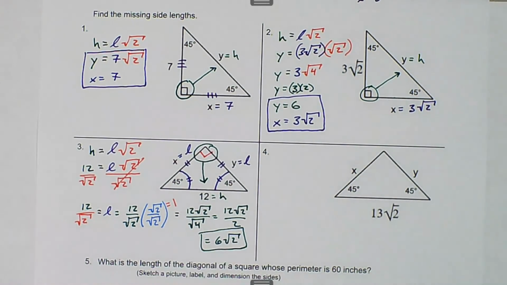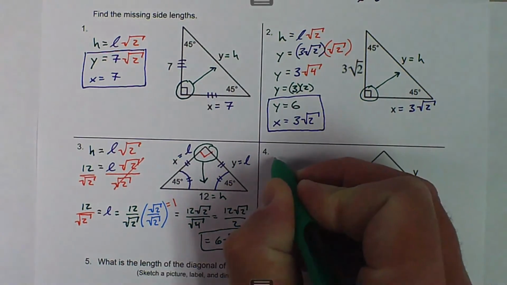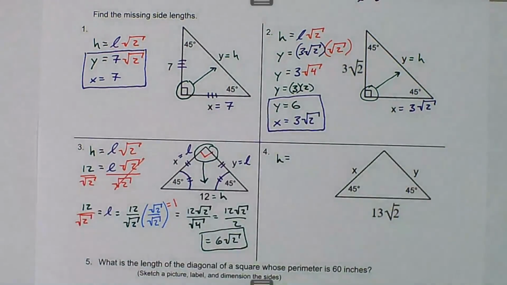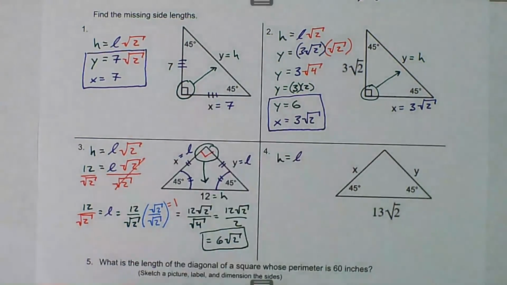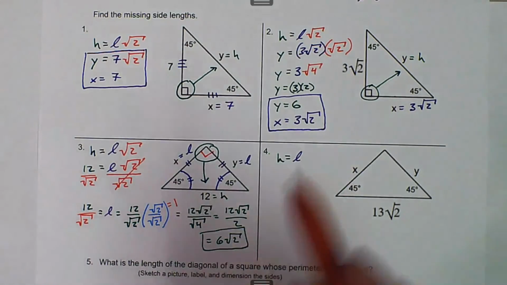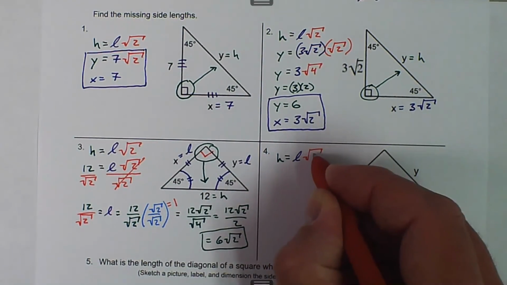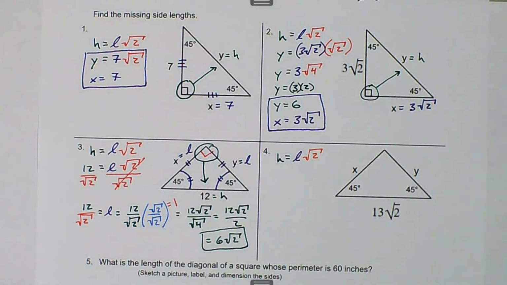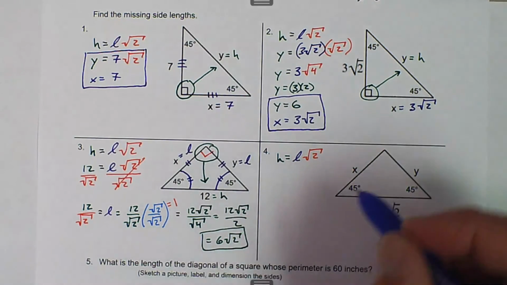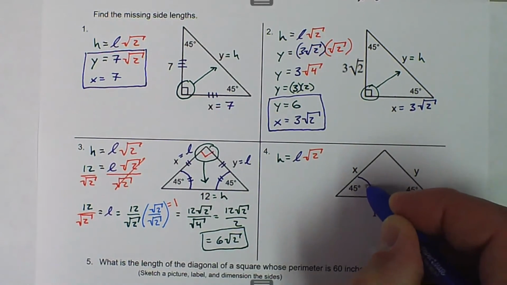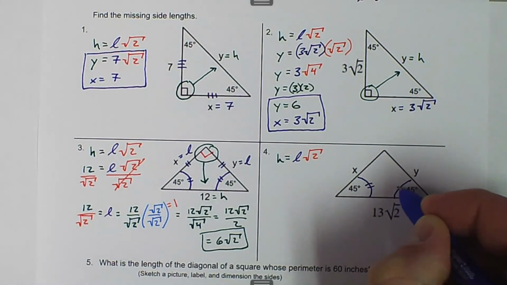Next we have a 45, 45, 90 triangle. And this is the same idea where our hypotenuse is equal to the leg times the square root of 2. And because these are both 45 degrees, that means that they are congruent.